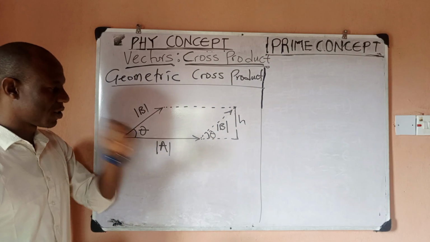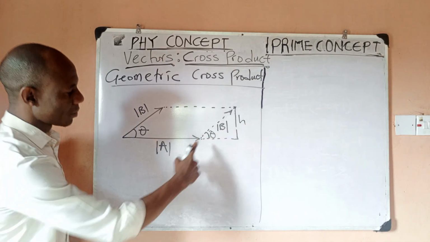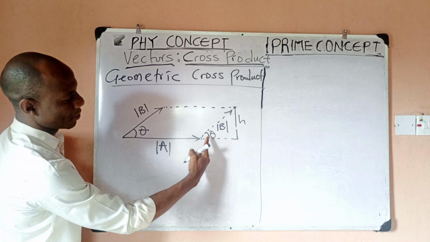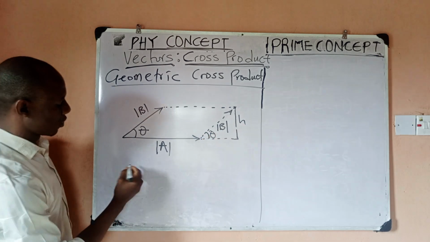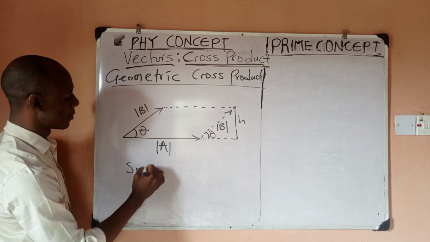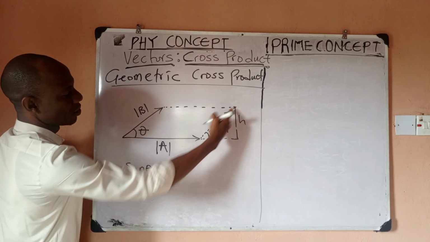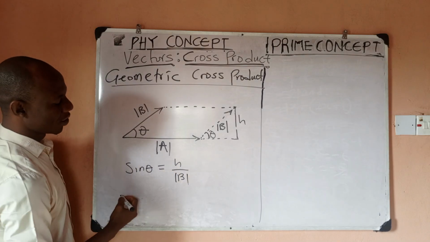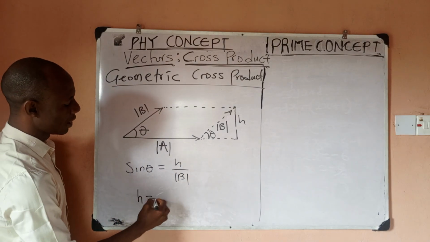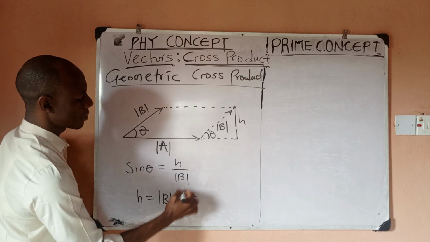Now, if you consider SOHCAHTOA, you notice that the opposite to this angle is H. So from SOHCAHTOA, we have that sine theta is opposite, which is H, over hypotenuse. The hypotenuse is the magnitude of B. So if I make H the subject, I'll have that H is equal to the magnitude of B sine theta.